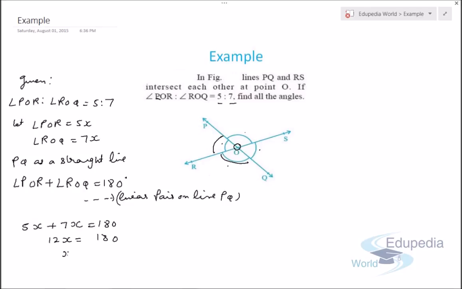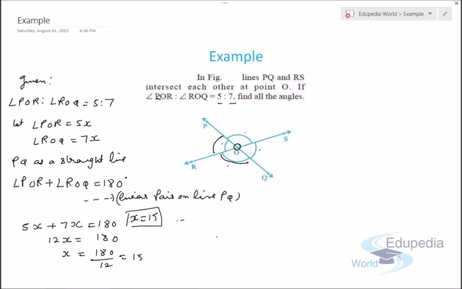So x will be equal to 180 upon 12. When we divide 180 by 12, we get x as 15. So the value of x is 15.